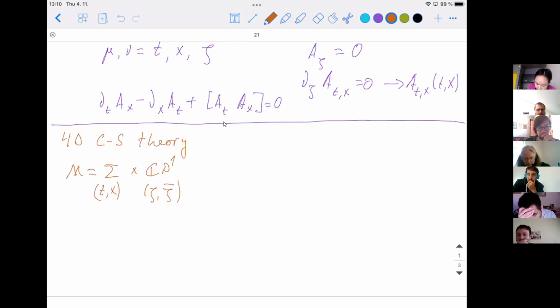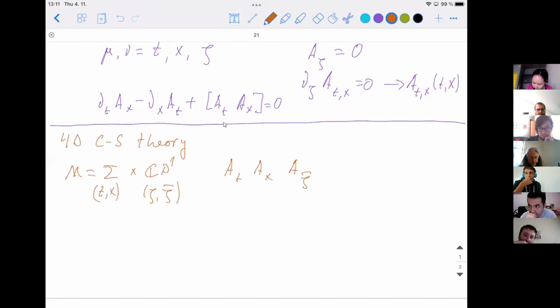The gauge field of this theory has components A_t, A_x, and A_zeta bar. So we have three components, but there's no A_zeta.